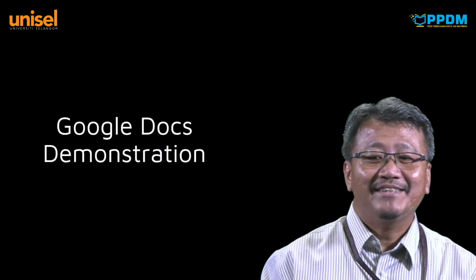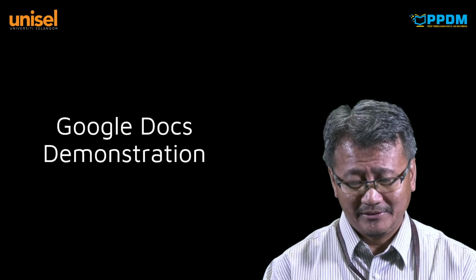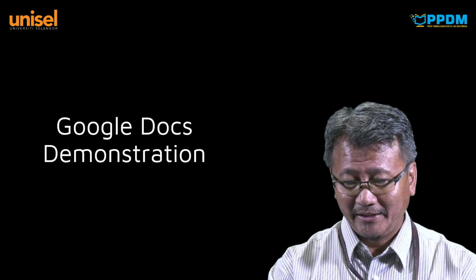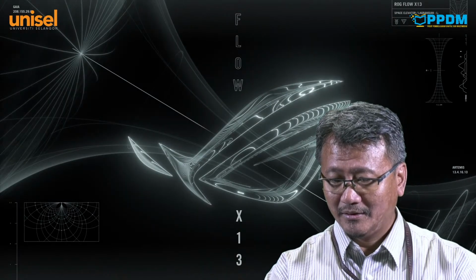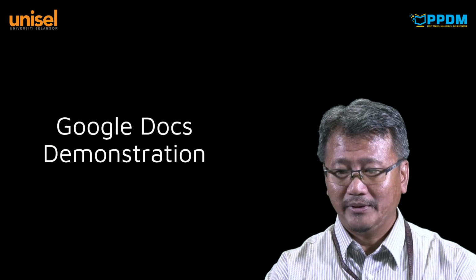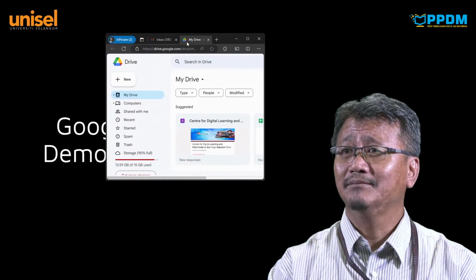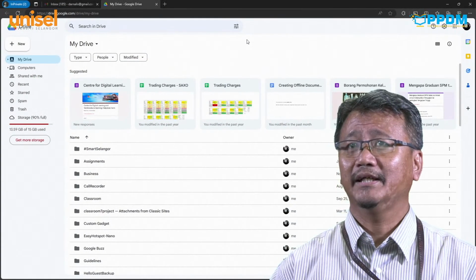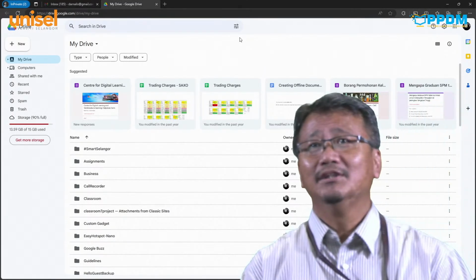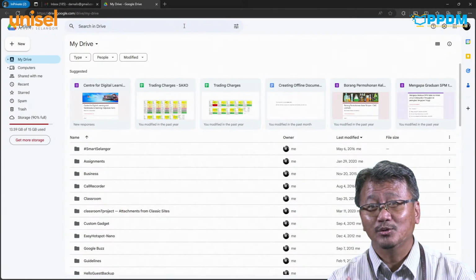Now we try to look at the Google Docs demonstration. So let me share my browser. Okay, so this is Google Drive. The first thing you have to do is to create a Google account.